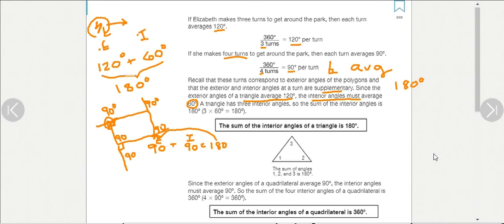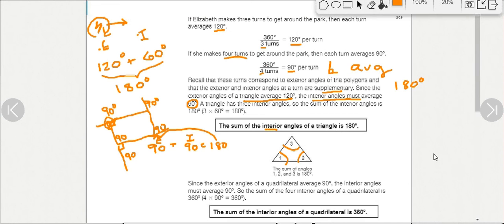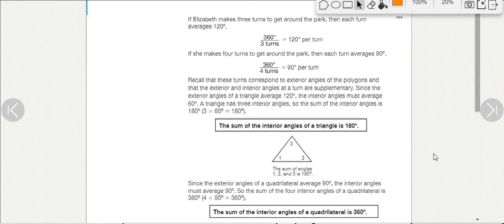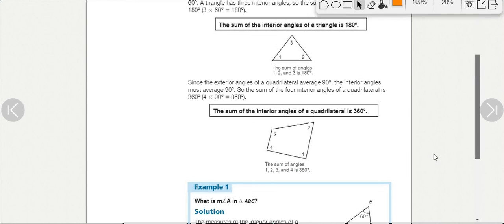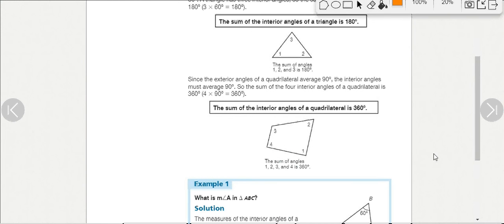Now we can talk about the sum of interior angles. We've just proven why. The sum of the interior angles of a triangle will be 180. Maybe not all of them are equiangular, but they average up that way. So even if you don't follow what I went through, you can at least say that a triangle is always going to have a total of 180 degrees if you add up all its angles.